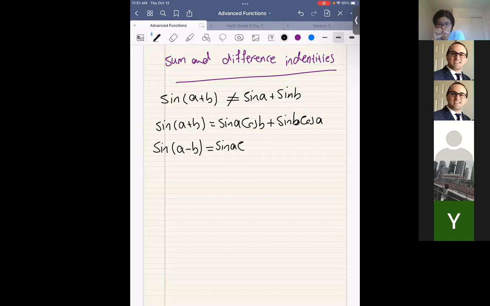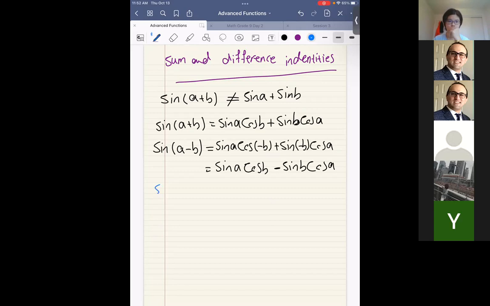So it's sine A times cosine of minus B plus sine of minus B times cosine of A. Cosine is even, so cosine of minus B is cosine of B. But sine is odd. Sine of minus B is minus sine B. So sine of A minus B is equal to sine A cos B minus sine B cos A.